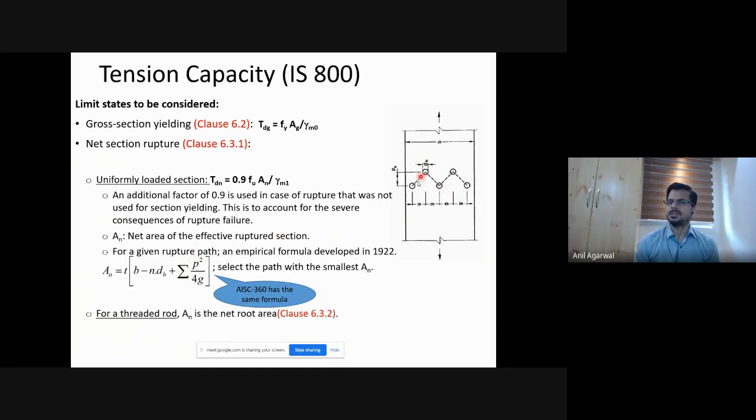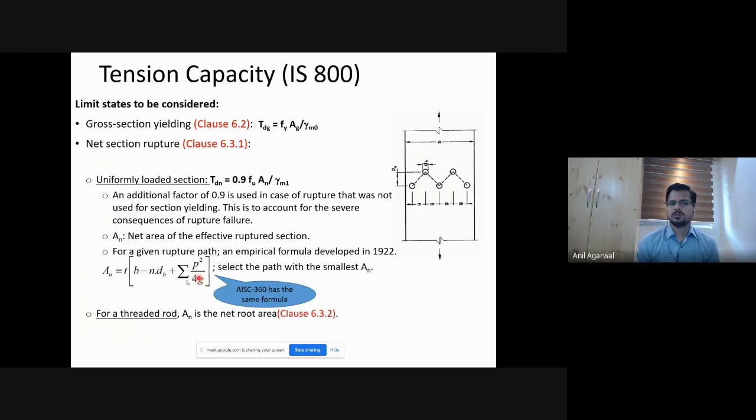Plus, then you have to add some additional area because these paths are not perfectly perpendicular to the load axis, which is equal to the summation of all p squared by 4g. p is the pitch. So for one portion of this path, you will do this p squared divided by 4 times this distance.